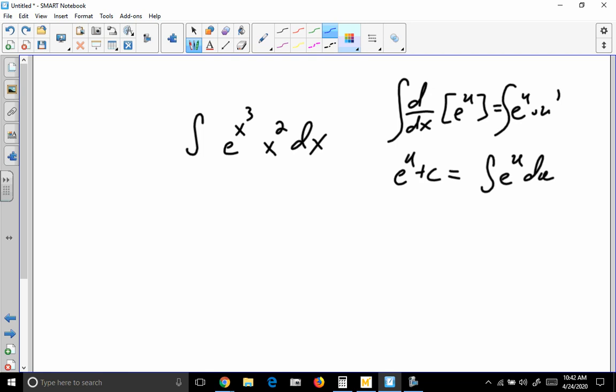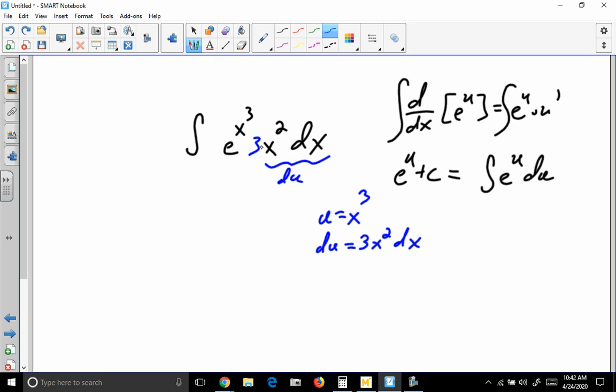So in this case, let's see what would happen if u were to be x cubed. That would make du 3x squared dx. Well, we're really close to that. We have x squared dx. We just need to pick up a 3, and then that would be du.